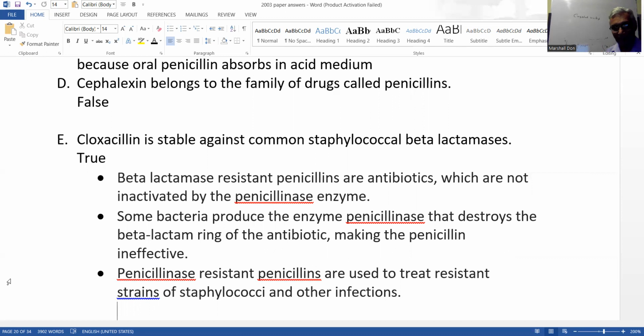So bacteria in the environment started producing an enzyme to break down penicillin coming from the fungus. It is still there. When we treat also, the same thing happens inside our body.